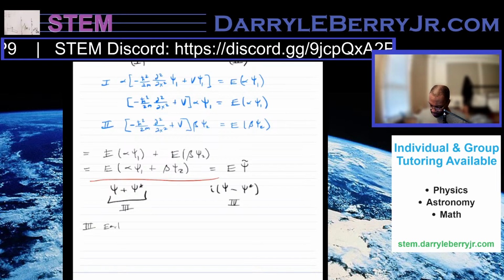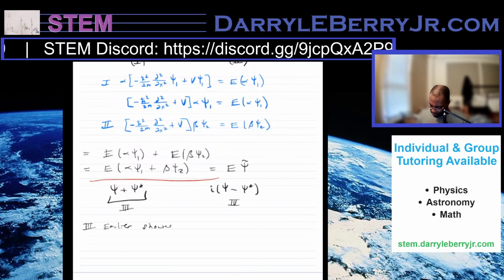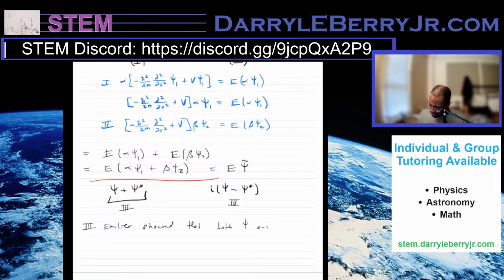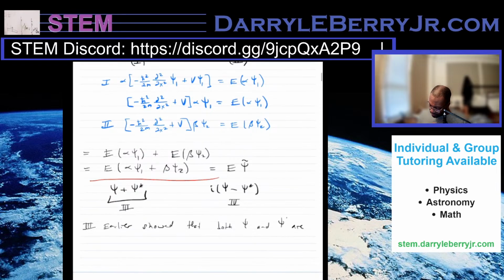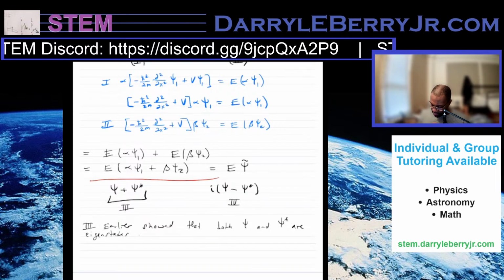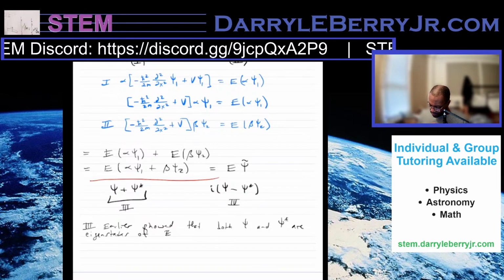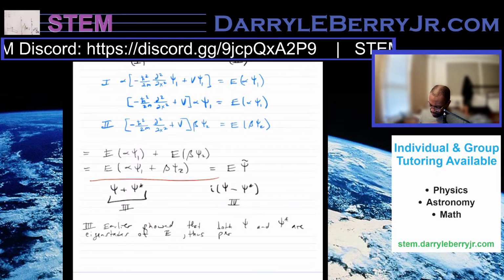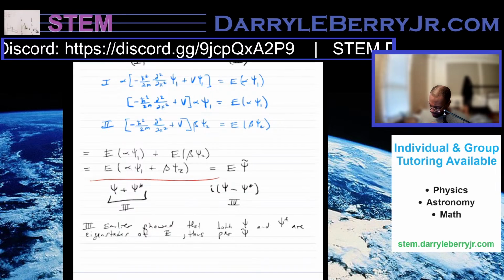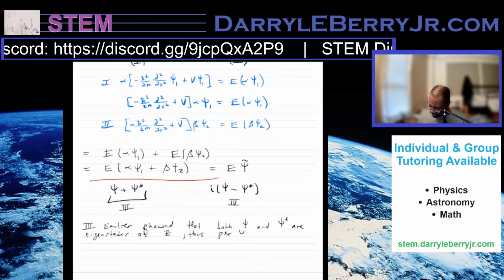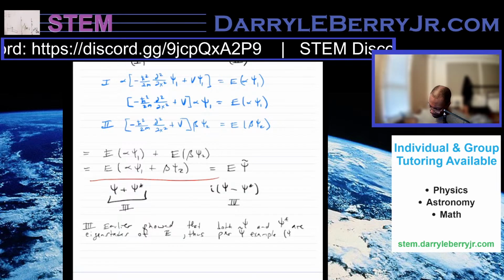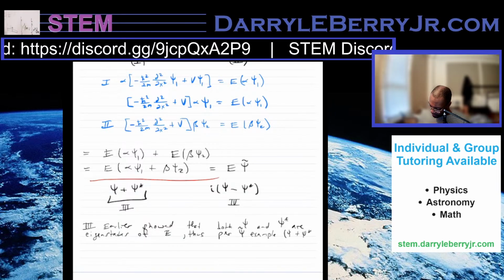So earlier we showed that both psi and psi star are eigenstates of E. Thus, per the psi tilde example, psi plus psi star solves.